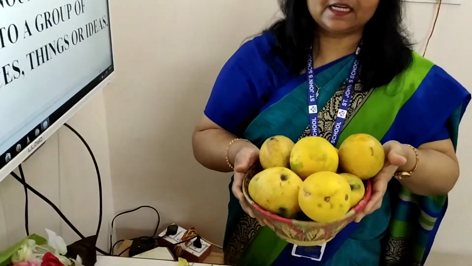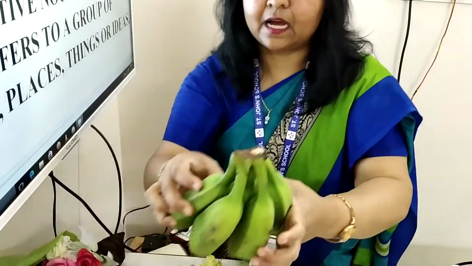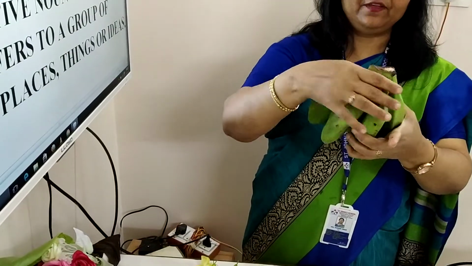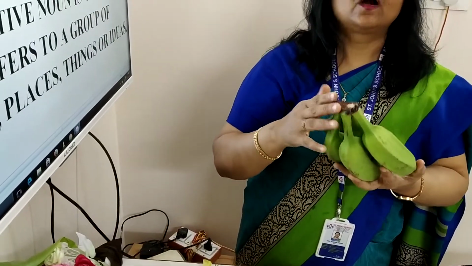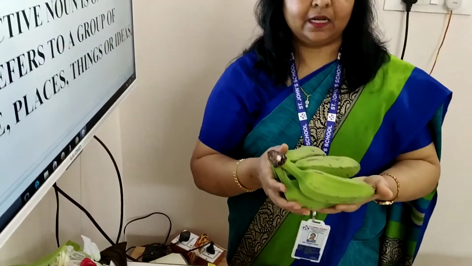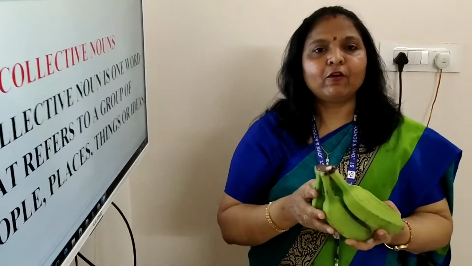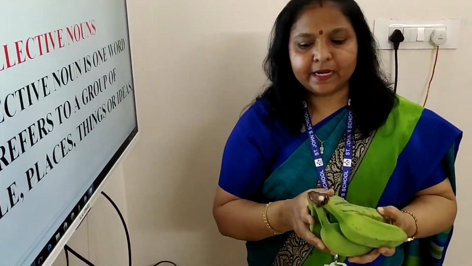A basket is a collective noun. When the bananas are together, we call it a comb, C-O-M-B, a comb of bananas. So these are raw bananas and we have a comb of bananas.